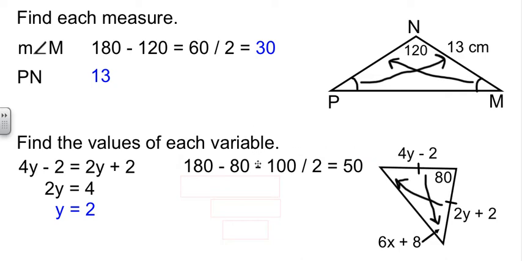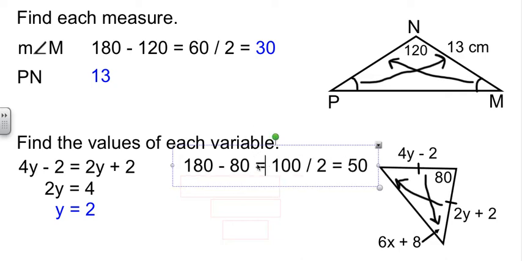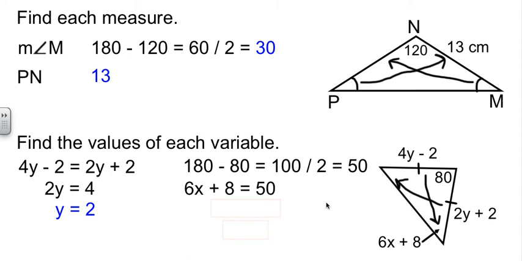That should be an equal sign. 180 degrees total, subtract the 80 that we already know, leaves 100. 100 divided by 2 tells me each of these angles is 50. So 6x plus 8 is equal to 50. Subtract the 8 over, 6x is 42. So x must indeed be 7.